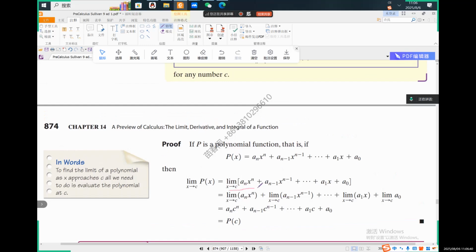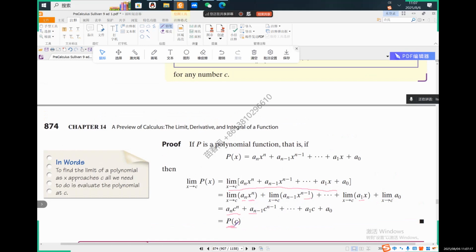You can take a look at this proving process. You see, each part is basically what we had in the theorem before, right? Because it's x and a power, right? This is all proved. This can be done by substitution. So that's why each term can use substitution to find the limit. So the entire thing can be used. Okay, so the polynomial, you can prove that and then you put that in there.